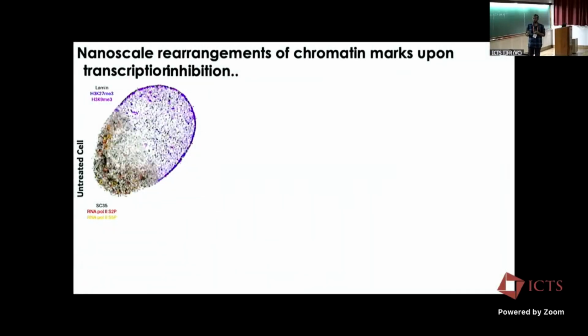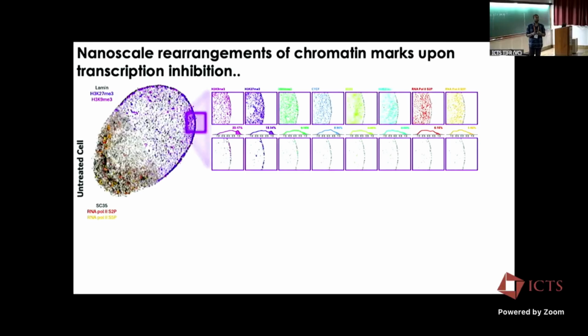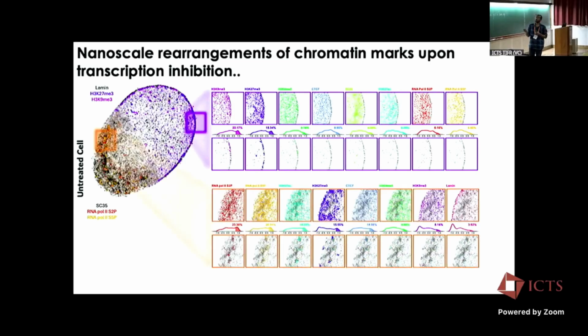And so we started looking into the spatial correlation of the proteins with respect to each other, because we had two defined structures. We had nuclear lamin, which forms the ring, and we had speckles, which appear as these amorphous objects. So we obtained the spatial correlation for each target for the lamin with all of those targets.